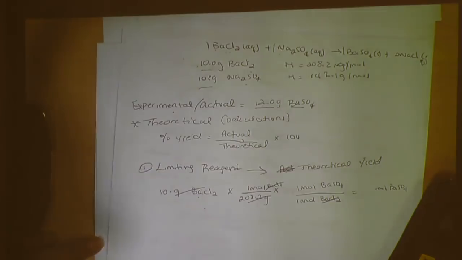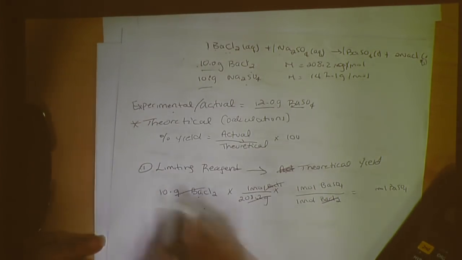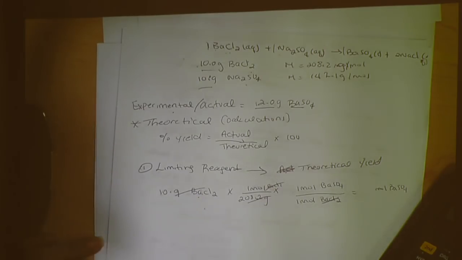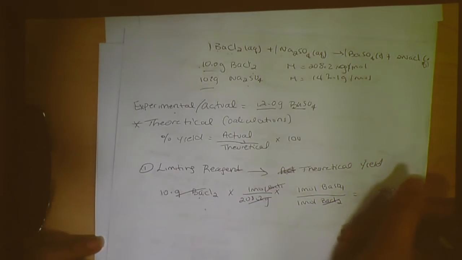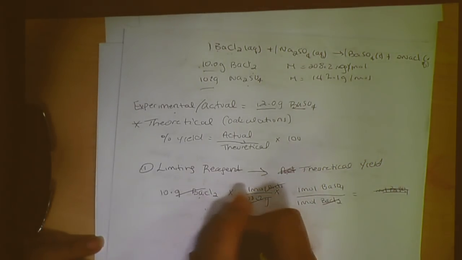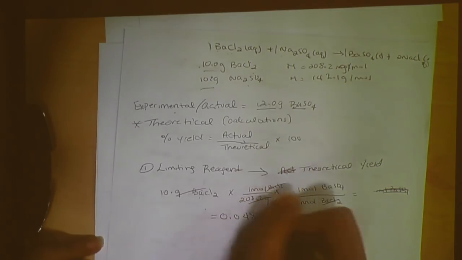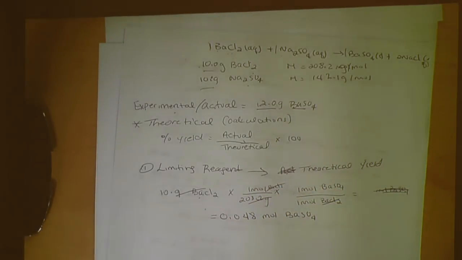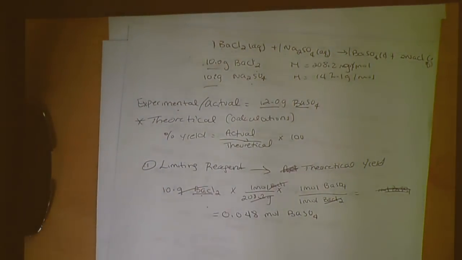You multiply all the top and divide by all the bottom, so 10 times 1 divided by 208.2. It's equal to 0.048 moles BaSO4. That's how much BaSO4 I can yield from the BaCl2, from reagent number 1.